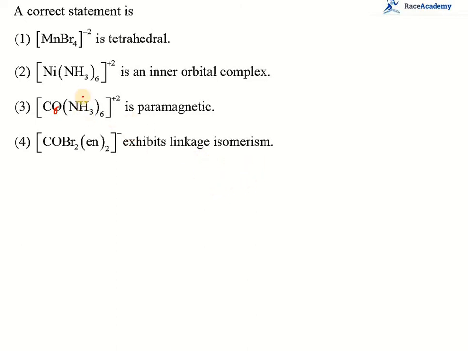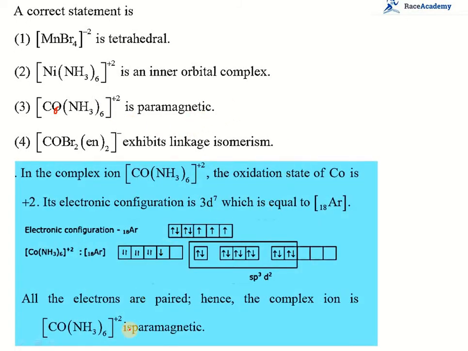So if you observe all these things, NH3 is a strong field ligand. According to VBT theory, writing the electronic configuration, it actually has a d7 configuration, and in the d7 configuration there are 3 unpaired electrons. Because of the strong field ligand ammonia, the pairing of electrons takes place, although there is no availability of 2 empty d orbitals for it.